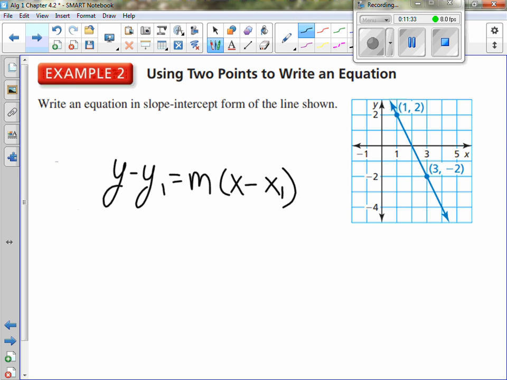Now, we do have a point. We actually have 2 points, yes? Now, we went through yesterday and found the slope using the equation for the slope. M is equal to y2 minus y1 over x2 minus x1. This will give us the equation of slope.